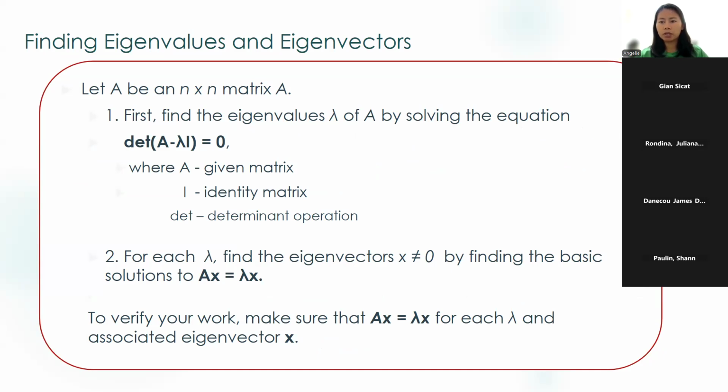So what we're going to do is we find the eigenvalue first, the lambda, and we use this equation, determinant, where our A is the given matrix and I is our identity matrix. The determinant here refers to the determinant operation. Okay. After we find the lambda, for each lambda, find the eigenvector. We then find the eigenvector after the eigenvalue.